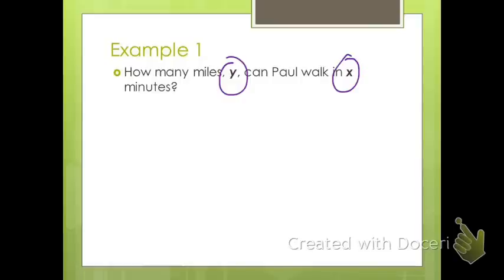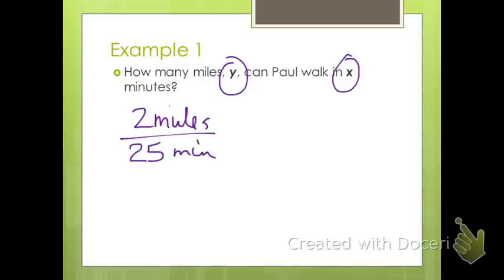I already know that Paul can go 2 miles in 25 minutes, and that is actually his rate. That is the rate that he goes.